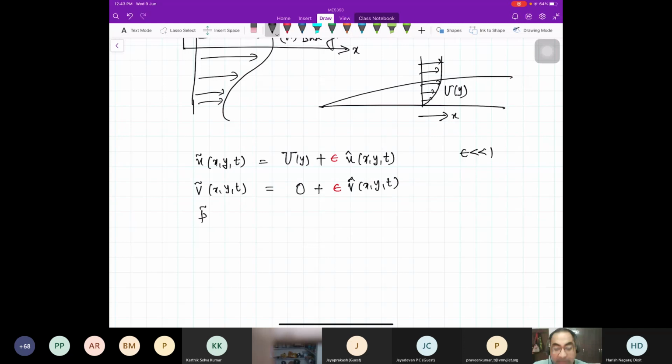And I can have pressure, some mean, which is a function of x, plus a fluctuation, which is p hat. Sorry, this is not capital P. Typically we write mean quantities with capital letters and the fluctuation quantities with small letters.